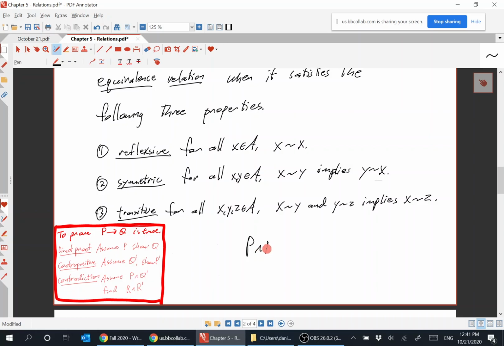So we're trying to show P and R implies Q. There are three ways to do it: direct proof, contrapositive, contradiction. So let's do a direct proof. It's easiest in this case. What's the first sentence in a direct proof of this property?